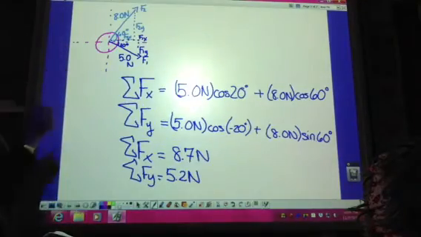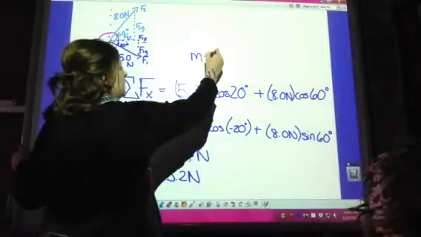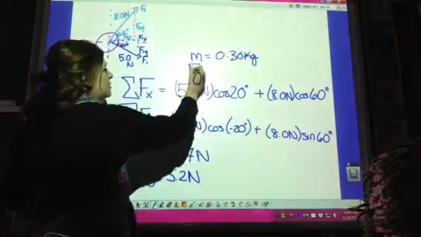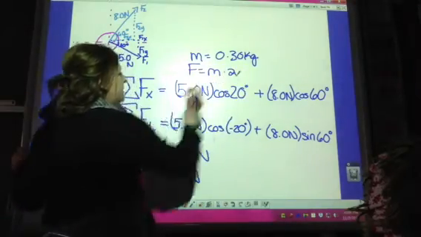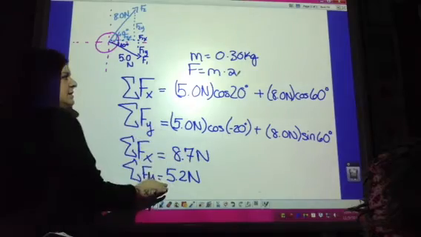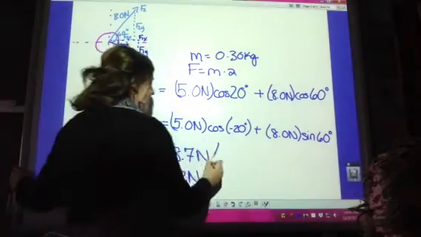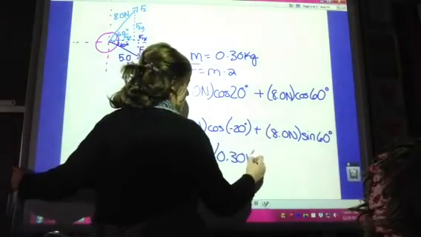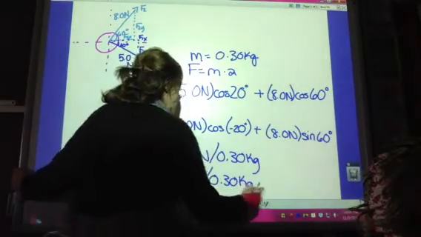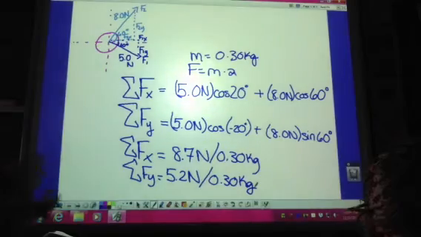And since we know its mass, we know that Newton's second law is force equals mass times acceleration. I have my force. To get acceleration, if I divide it by the mass, 0.30 kilograms, then I'll go ahead and get my acceleration.